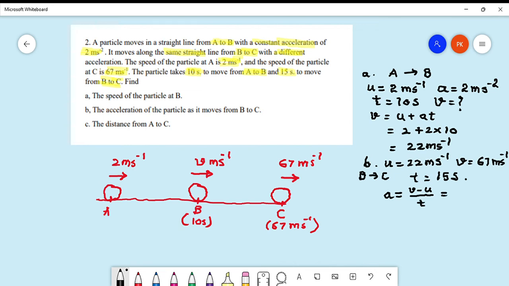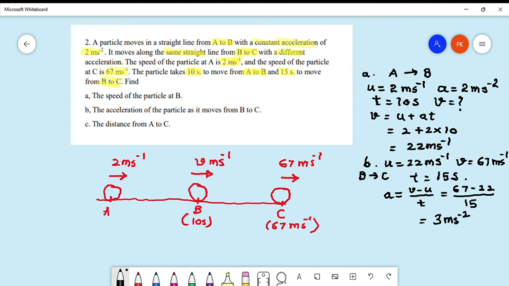So 67 minus 22 divided by 15, which is how much? 67 minus 22 is 45, divided by 15, so 3 meters per second square.